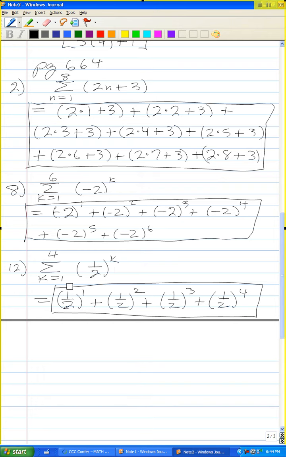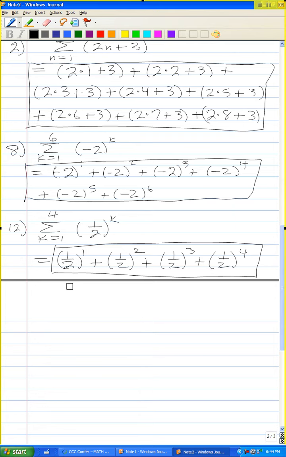Let me do problem number 14. So it says 3 plus 7 plus 11 plus 15 plus, and let's do this for all these values, and let's add it up so that we have 63 terms.